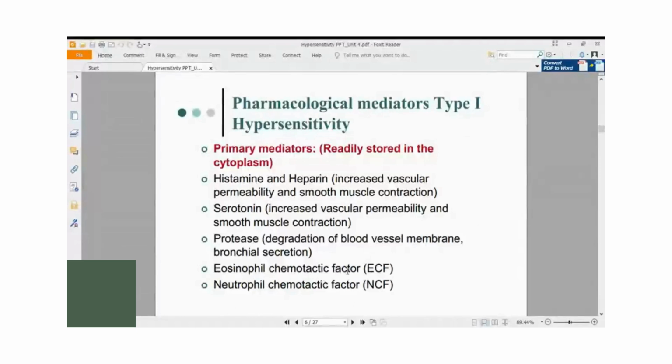Then the eosinophil chemotactic factor and neutrophil chemotactic factor, remember that they are responsible for the inflammation in that area. Inflammatory sites are always first visited by the neutrophils and the eosinophils. Both of these are capable of degranulation and secrete their own proteases and lytic enzymes, which will cause further damage in that area.